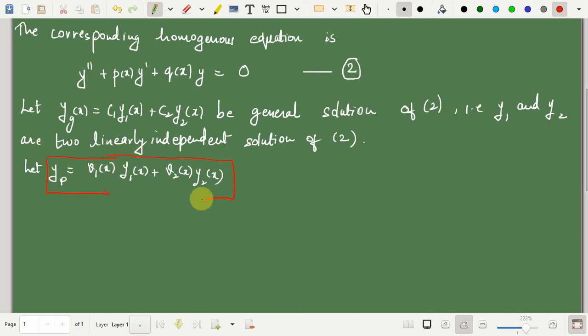We want to determine this yp. This is a particular solution. We are assuming that this is a particular solution, a solution of the non-homogeneous differential equation, that is 1, where v1 and v2 are to be determined.